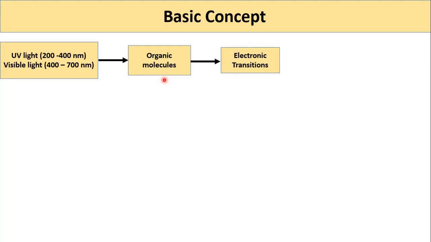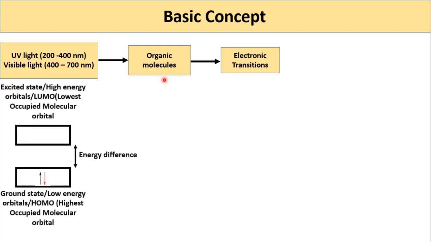Electronic transitions means these organic molecules can absorb the light in the UV and visible region and show electronic transition, meaning an electron can go from a lower energy state to a higher energy state, or in other terms, ground state to excited state. If we go into a little bit of detail, according to molecular orbital theory, a molecule has two types of orbitals: low energy orbitals and high energy orbitals.